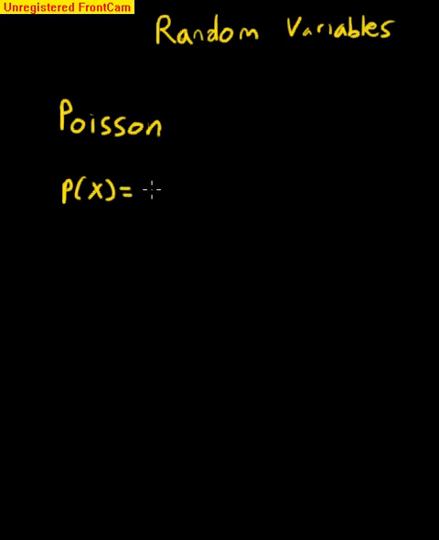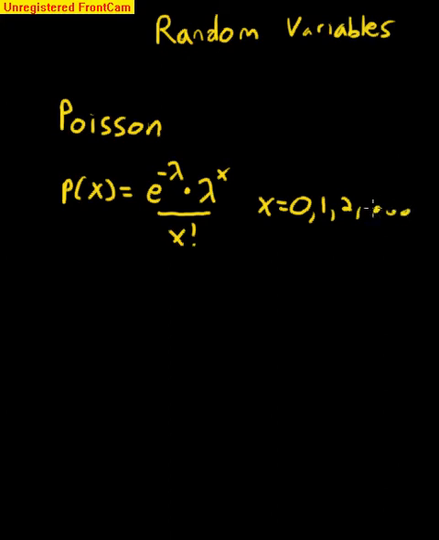We have a PMF of e to the negative lambda times lambda to the x over x factorial. Here x is 0, 1, 2, and so on. Our first moment is equal to lambda, as is our variance.